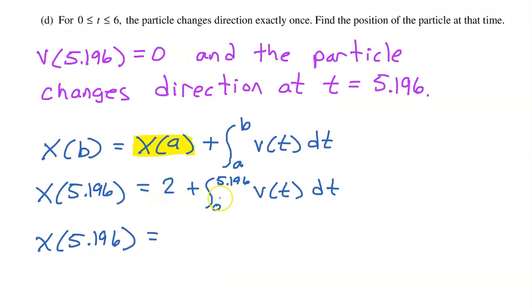We can type all of this into the calculator to get the final answer, but be careful. When we do it, we don't want to type in 5.196. That is a rounded value. Instead, remember that we stored the whole decimal into the letter A. So that's what we will use.